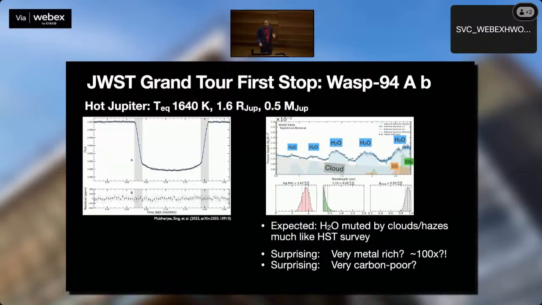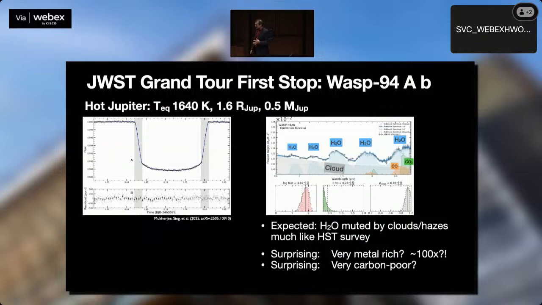This is what you expect based on all of those previous results from Hubble: strong water features, but muted by clouds and hazes to be smaller than you might otherwise predict. So that's expected, but there's something surprising. If you take this spectrum and do retrieval models, you find it's very metal rich, something like 100 times enhanced in heavy elements, rather than 5 to 10 times enhanced, which is what you expect based on the solar system.